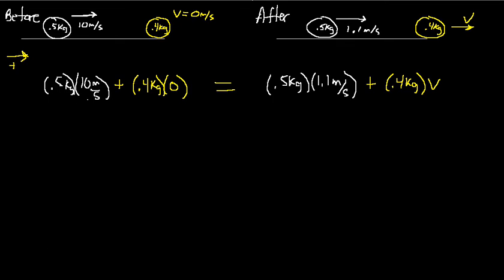We've got 0.5 times 10, which gives us 5 kilogram meters per second. This here is 0.